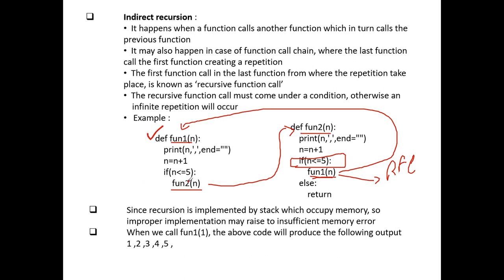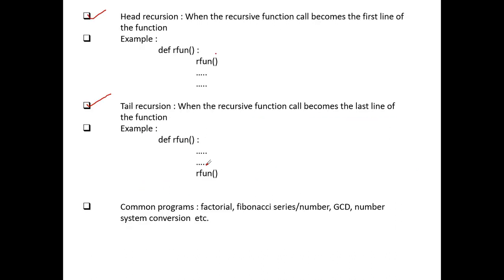Now when this recursive function call appears at the very first, meaning all other parts of the program come after that recursive function call, then that type of recursion is called head recursion. Head means the recursive function call is at the header part, the very first line of the function.